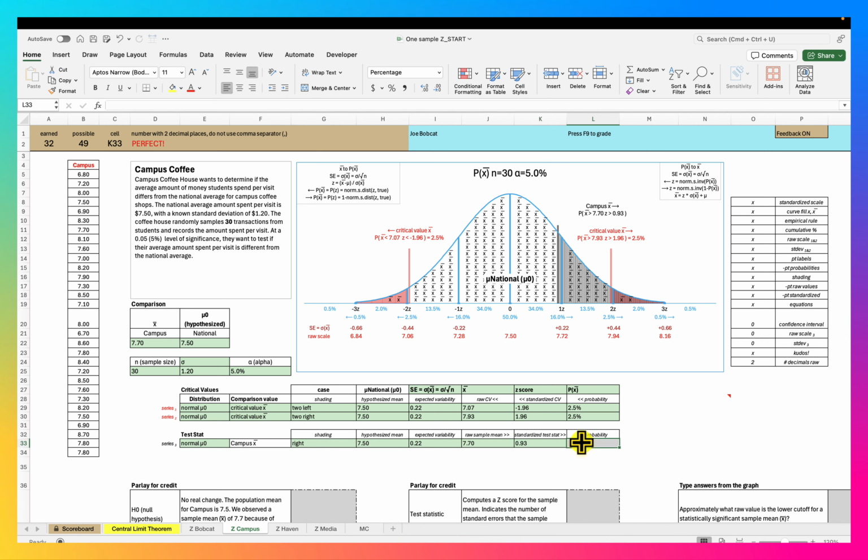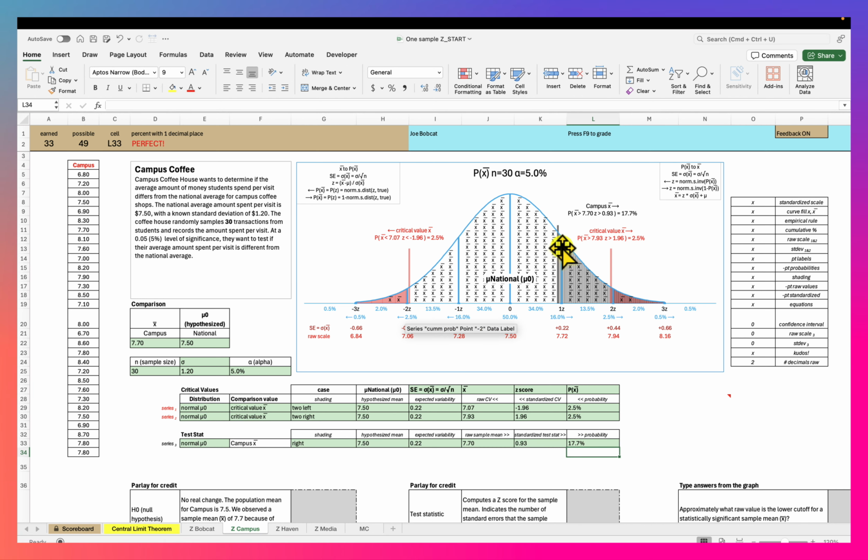And then we need the probability of x bar to the right, so it's going to be 1 minus NORM.S.DIST of that z-score, and then it's true. So 17.7.